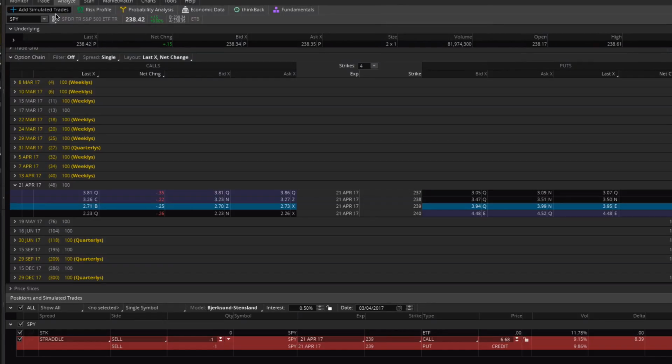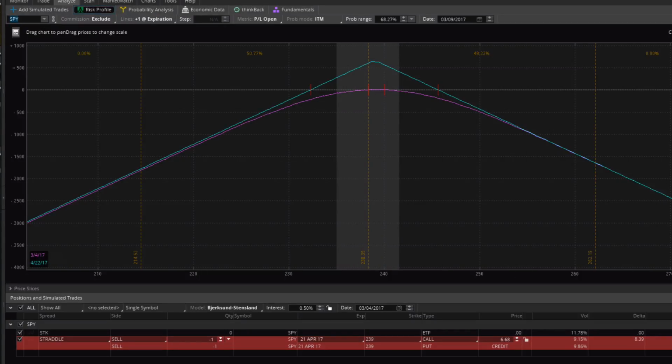And we'll do that as the strategies get more complex. So I've added my simulated trade, come up here at the top, go to Risk Profile. Okay, perfect. And as you can see, here's the risk profile of the straddle. The stock has to stay within these boundaries, which is give or take 232, 248, something like that. And I make my most money right here at the peak.